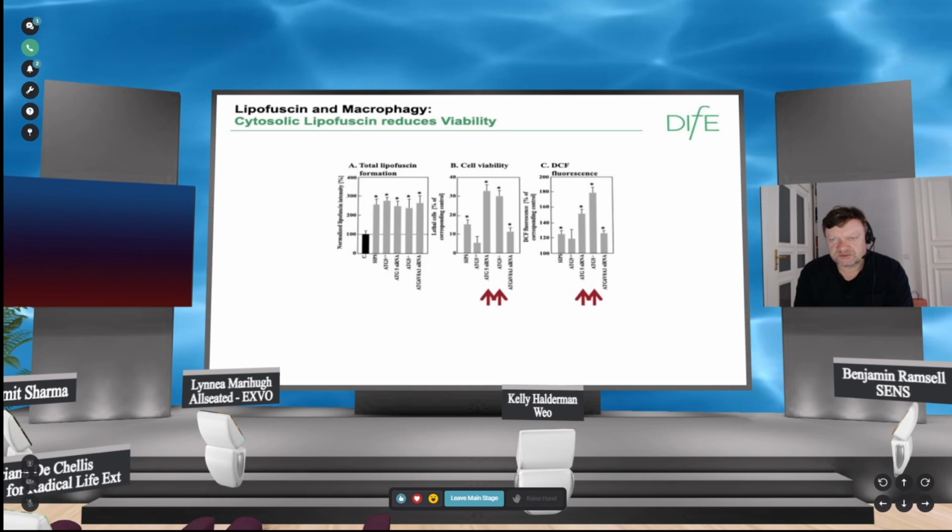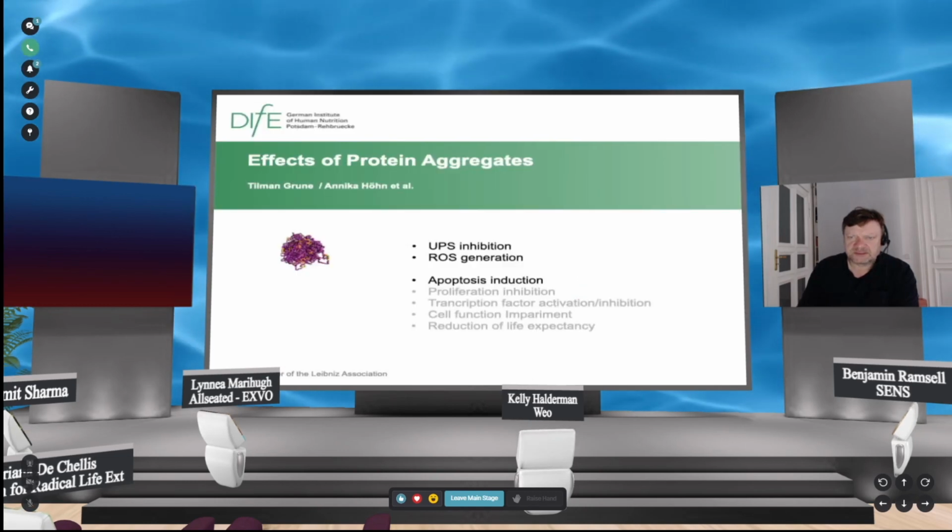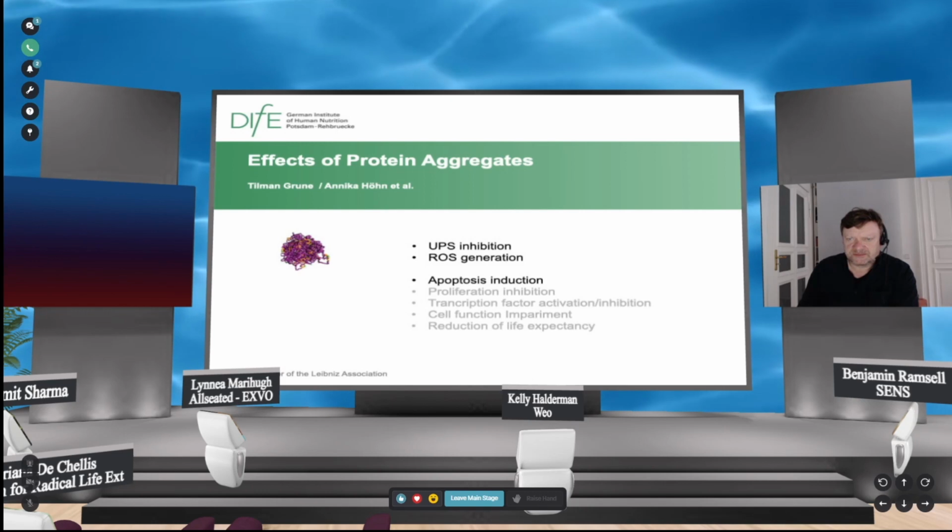So basically, the important thing here is the membrane around the lipofuscin, not the possibility of the lysosomes to degrade it, because that is anyway limited. And we could show that the loss in cell viability is due to apoptotic mechanisms. So the next effect is basically the apoptosis induction by these protein aggregates.